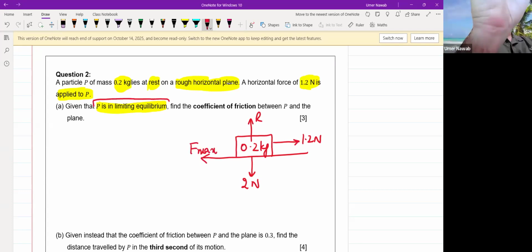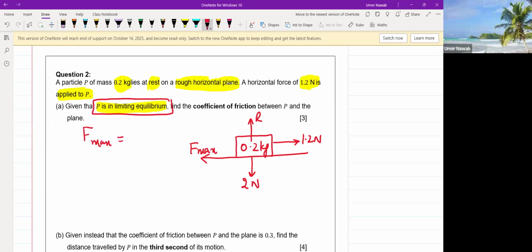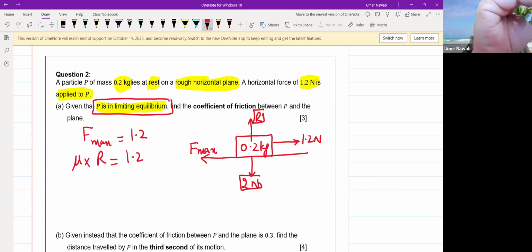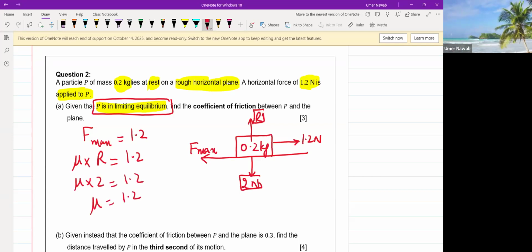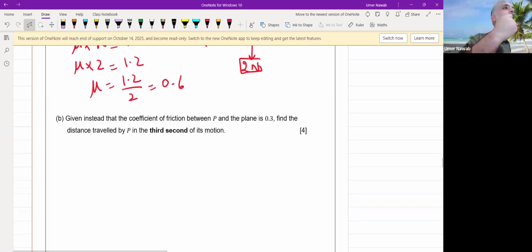Since the particle is in limiting equilibrium, your F max should be equal to 1.2, the applied force, which is equal to mu R. R will be equal to 2 newtons. So 1.2 divided by 2 is 0.6, and mu has no units.